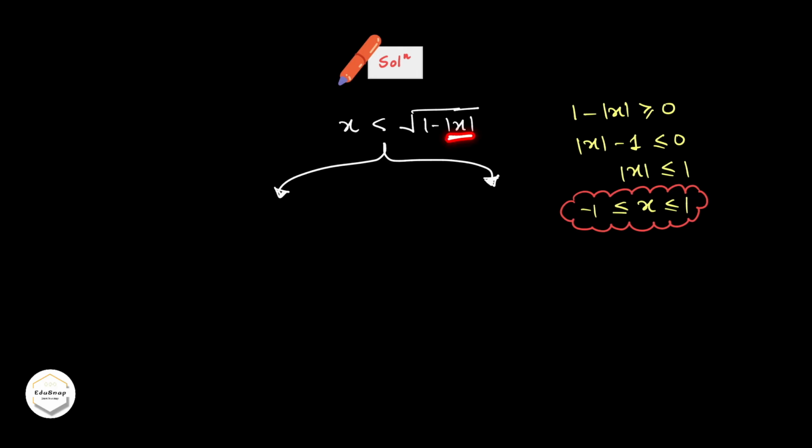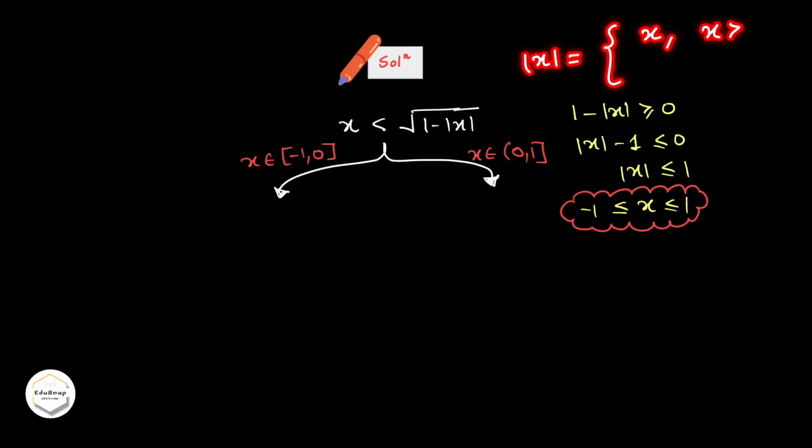Now we can break this absolute function into two parts. The first is x greater than 0. The next is x less than 0. Now we know that an absolute function opens as it is when the value is greater than or equal to 0, and if the value is less than 0, it opens with a negative sign.